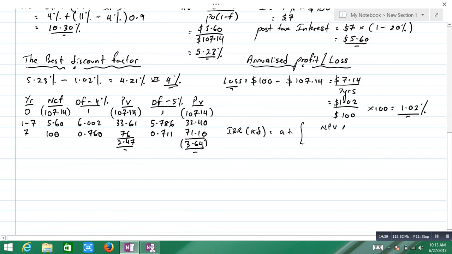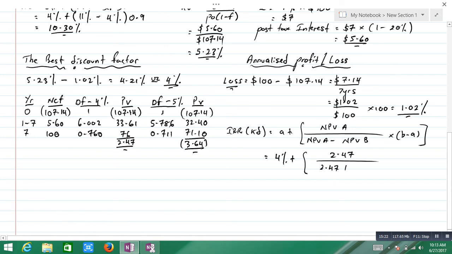Now, so over here is going to be 4% plus 2.47 over (2.47 plus 3.64) times 5. That will give you 4.4%. Check it. So that will be your cost of debt, KD.